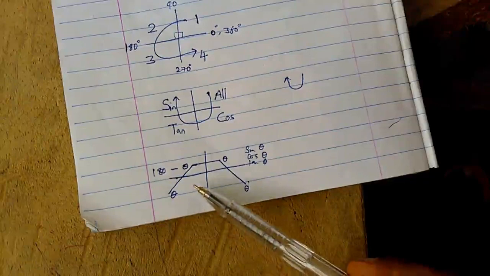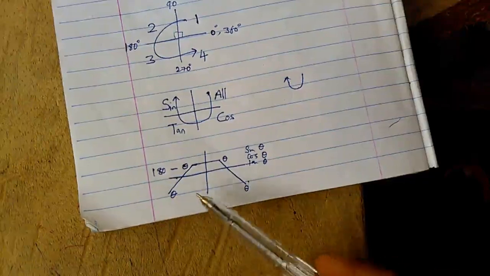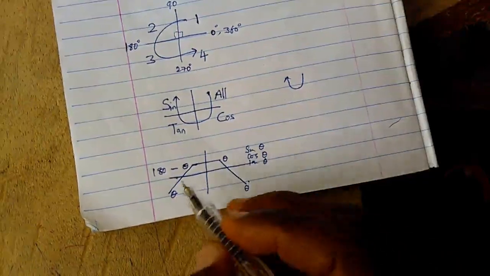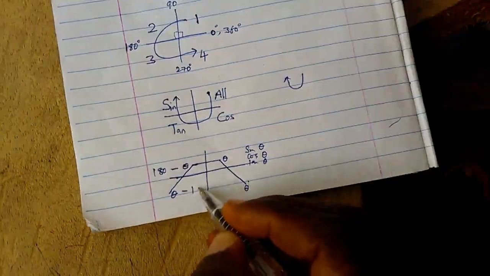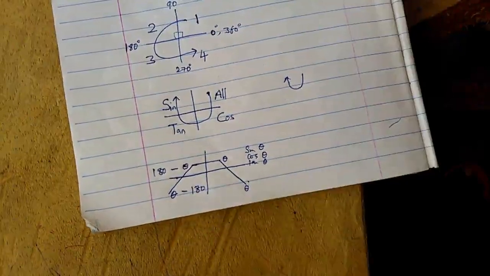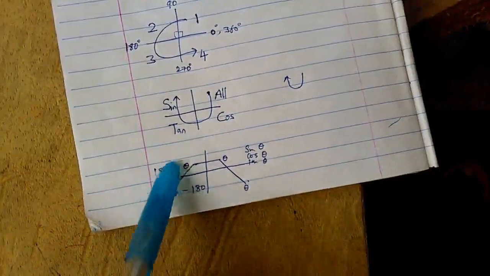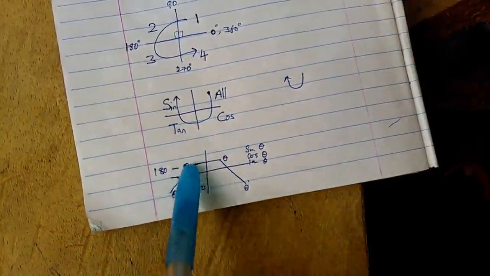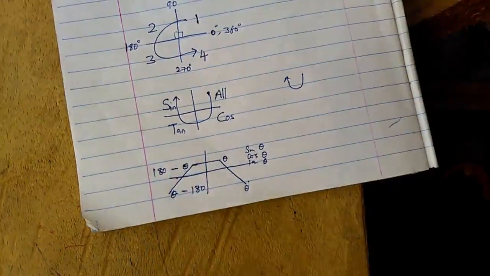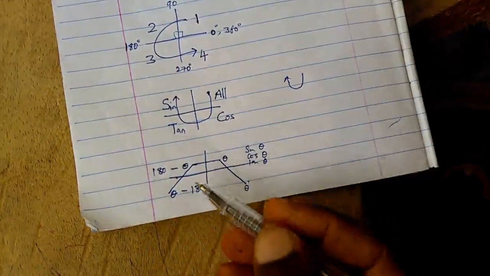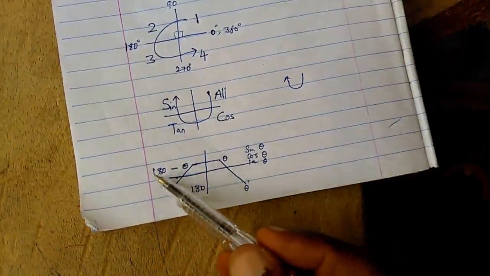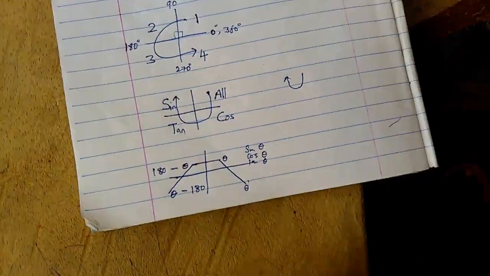Now, the third one, there's space here. So it will be theta minus 180 degrees. See, this side is all about theta and 180 and theta. But the pattern will help you and guide you to know whether it is 180 minus theta or theta minus 180.